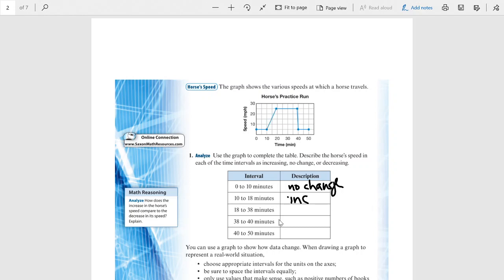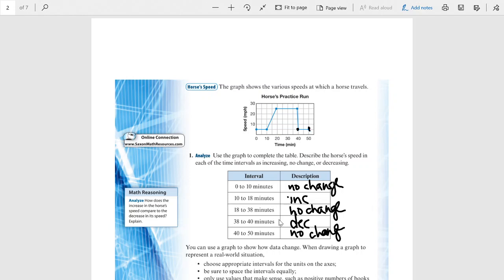From 18 to 38, we have this top part, which has no change since we see a horizontal line. Then from our 38 minutes to 40, we have a very rapidly decreasing line going down, negative slope. And then from 40 to 50, there is no change.